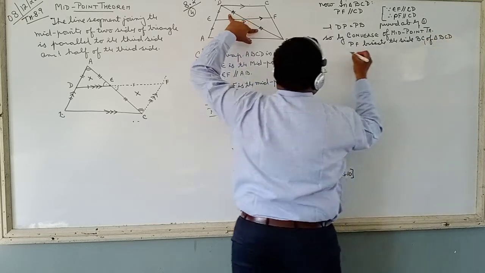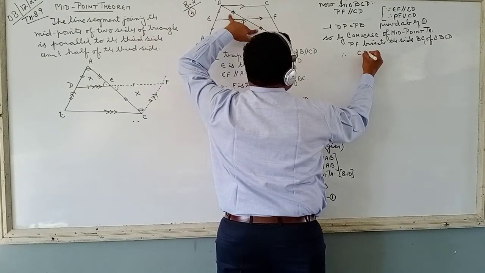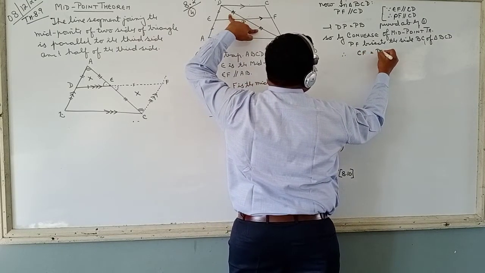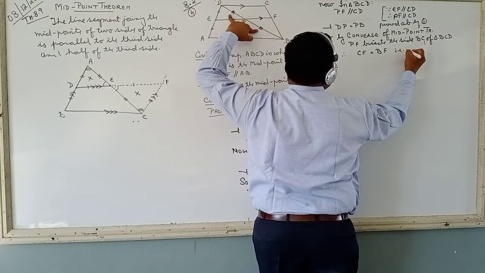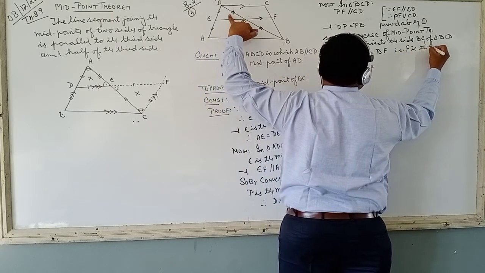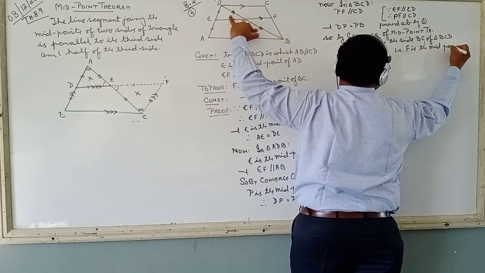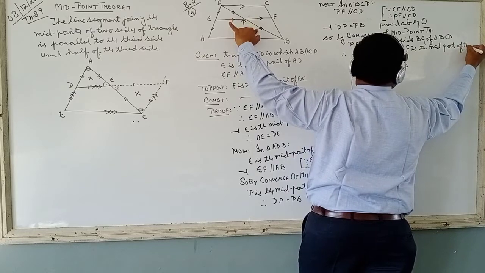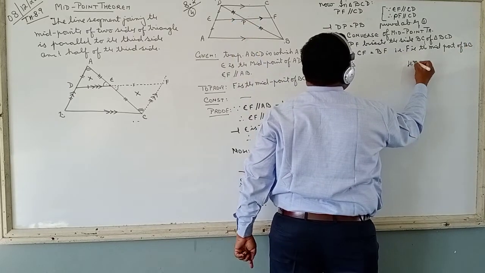So therefore CF is equal to BF, that is F is the midpoint of BC, hence proved.